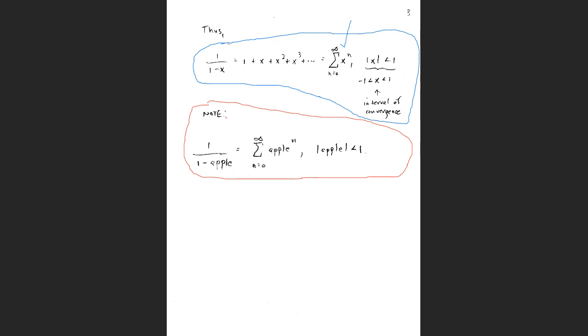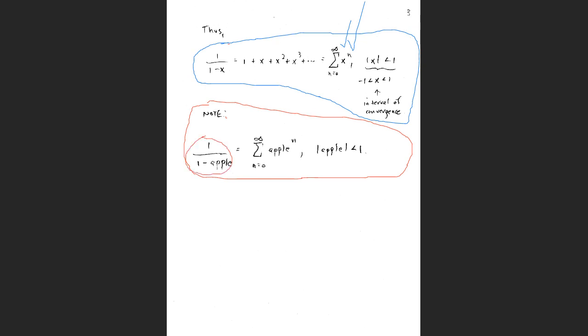We have an established formula here: 1 over 1 minus x equals this geometric power series. So could I use that formula to find the power series for 1 over 1 minus an apple? And the answer is yes.